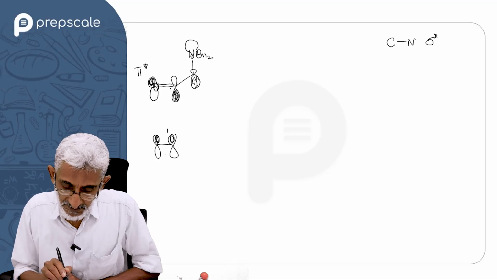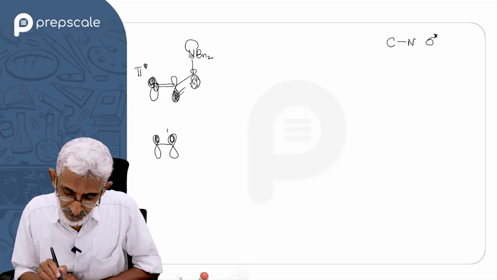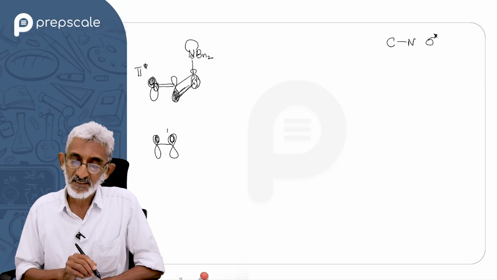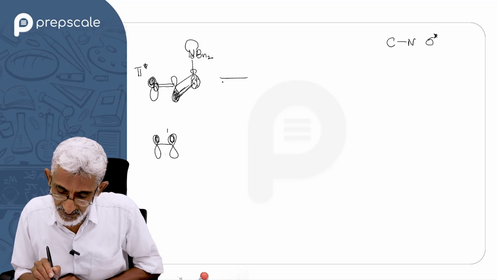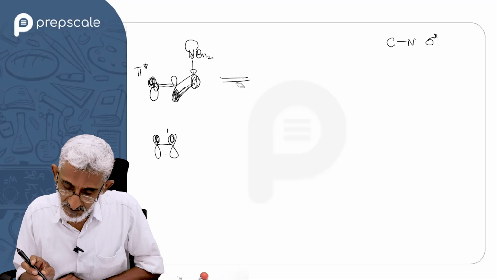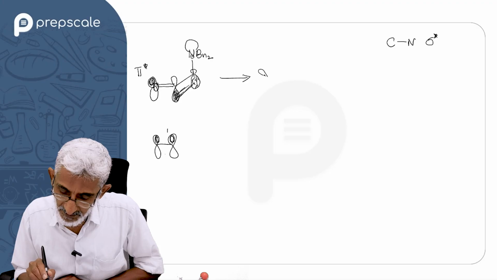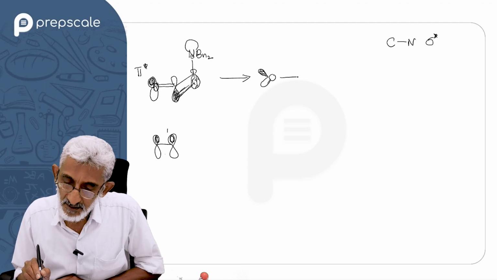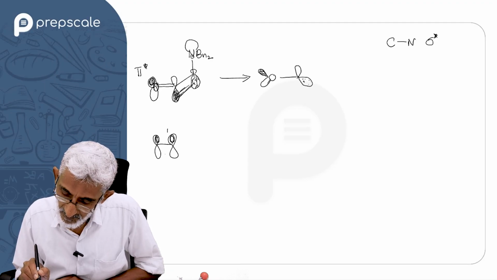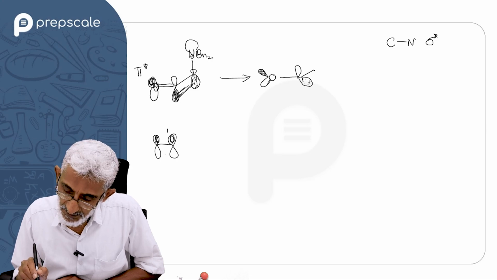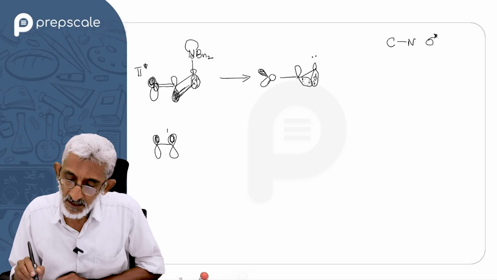Now when this attacks, there is an interaction between these two. They are in phase with each other. So that leads to a situation where you have a clear-cut interaction here. See this, oxygen, and see this. They interact.